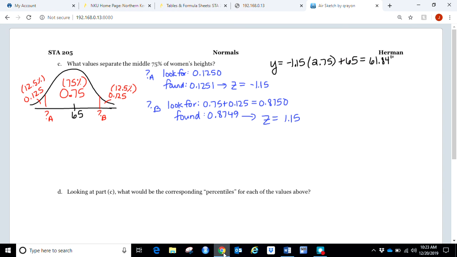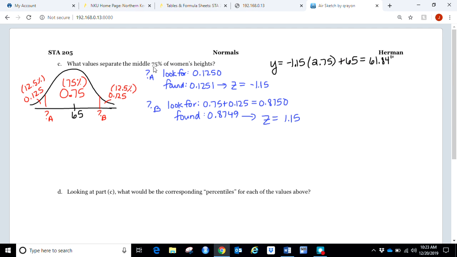At this point, you might actually already see the other way to have found that number. Notice here when I'm looking for that middle percentage, my z's are going to be the exact same value. One's just negative and one's positive. But it is important to make sure you draw the picture so that you knew that we're looking for this 0.125 when we went to the table here.